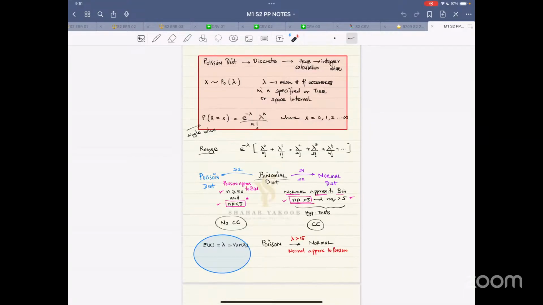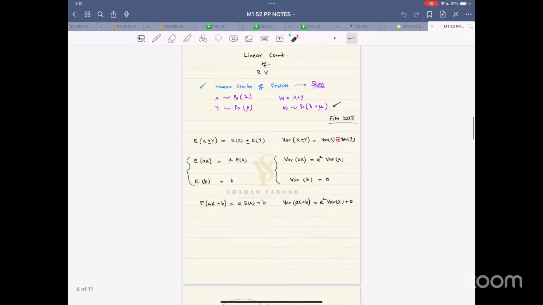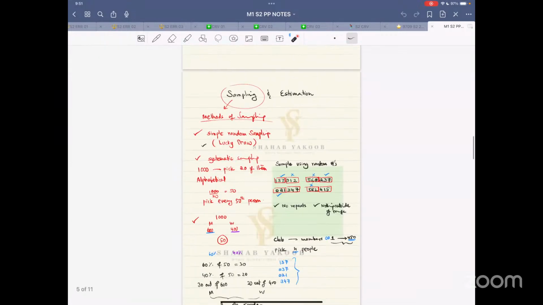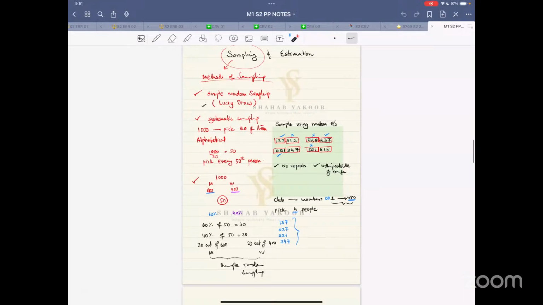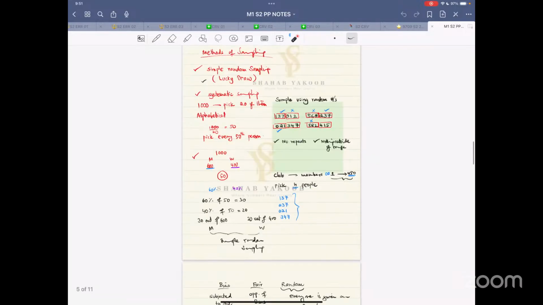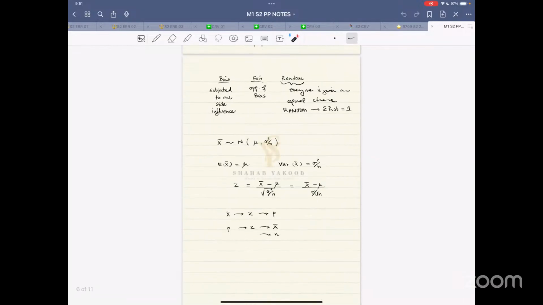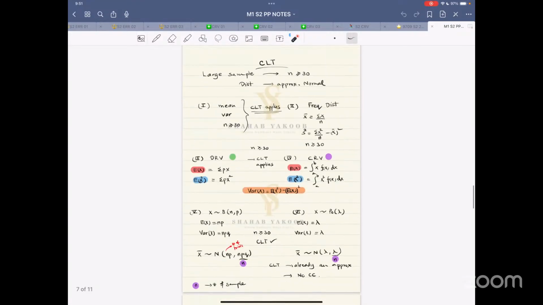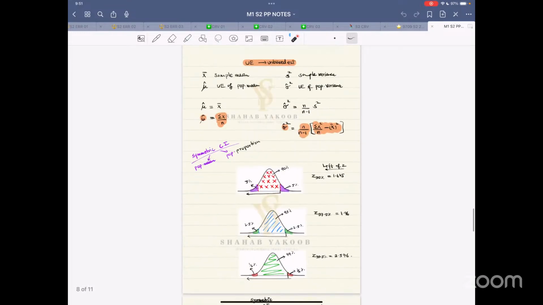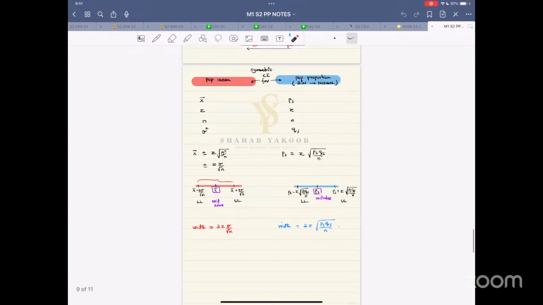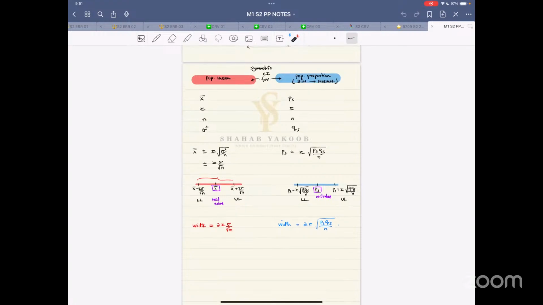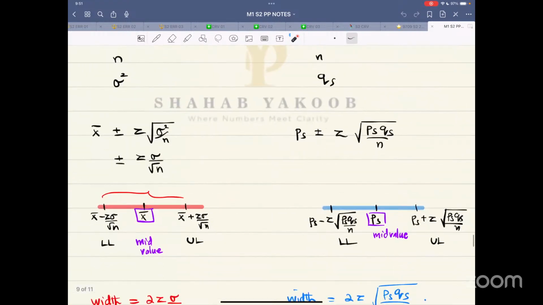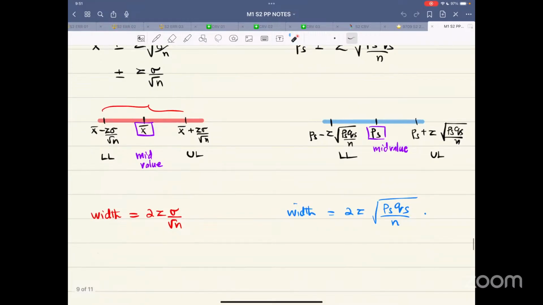Just have a look. This is the theory of Poisson distribution. This is about linear combination. This is about sampling and estimation, focused on sample using random numbers. And this is about some of the theory and then a detail about CLT, and then unbiased estimates, and then the formulas for confidence interval. So basically, we are using the formula on the right in blue color.